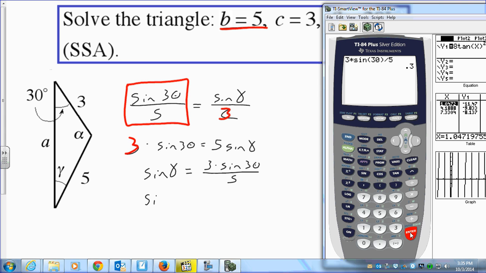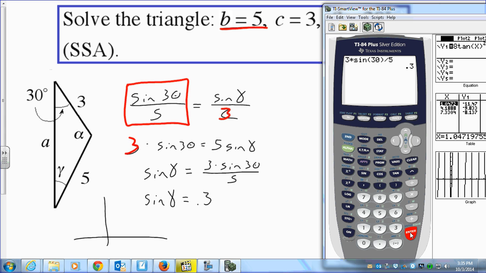So I get the sine of lambda is equal to 0.3. Well, the interesting thing we need to know is, remember, we could have obtuse or acute angles here, because triangles can be acute or obtuse, so they can have angles that are larger than 90 degrees.